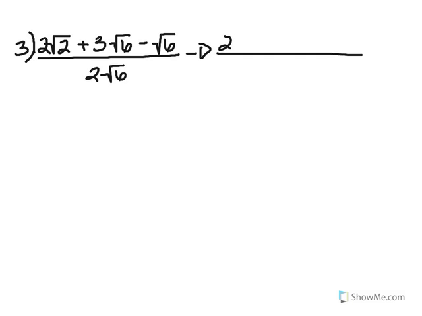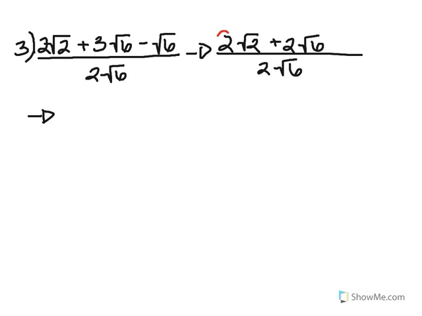So 2 square roots of 2 is not going to be able to combine with anything, so I'm just going to keep him here. Now I have 3 square roots of 6 minus 1 square root of 6, which gives me 2 square roots of 6. And this is all over 2 square roots of 6. Now, just like what I've been telling you recently when we've been doing our trig proofs, if there is something in common between all three terms or all of your single terms, then you can take them out.